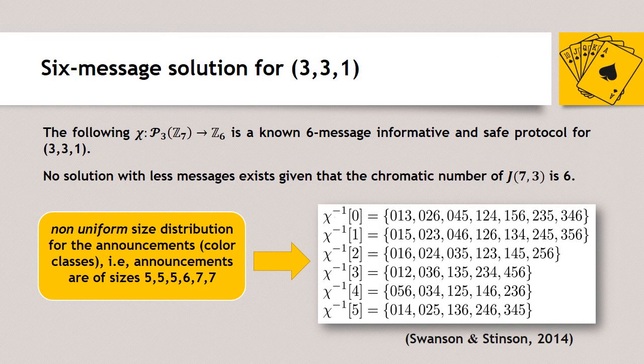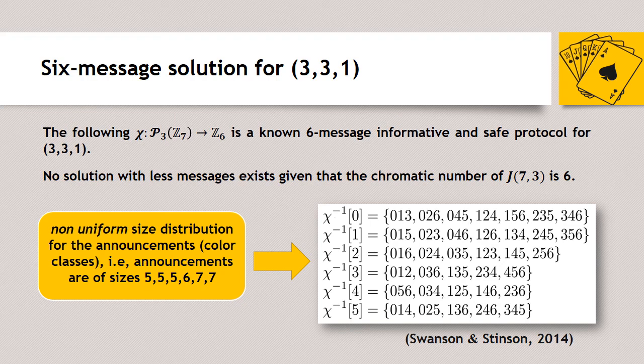Finally, we also considered informative solutions for the classic Russian cards problem, in particular six-message protocols. These are especially important since they are optimal in terms of communication complexity, given that the chromatic number of the Johnson graph for parameters 7 and 3 is known to be 6. The six-message informative and safe protocol shown in the slides was presented by Swanson and Stinson in 2014.